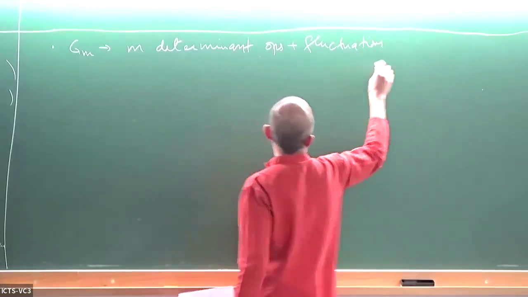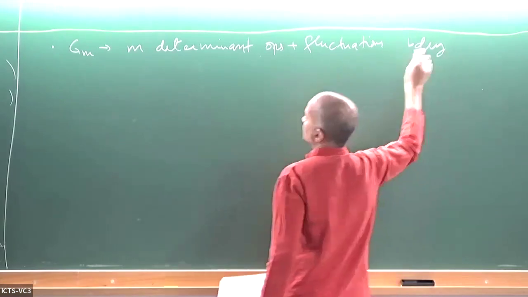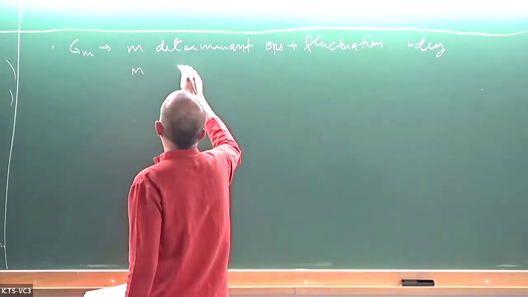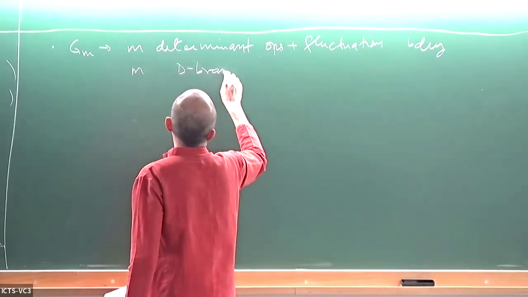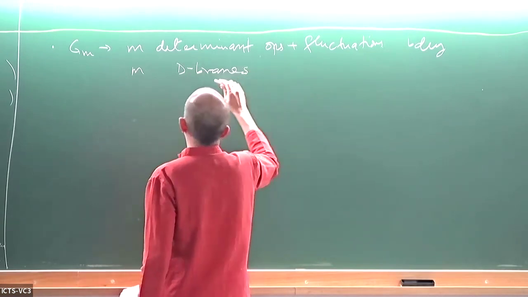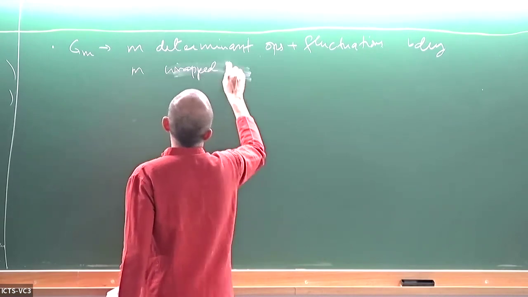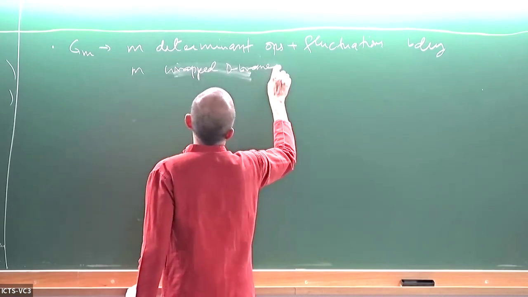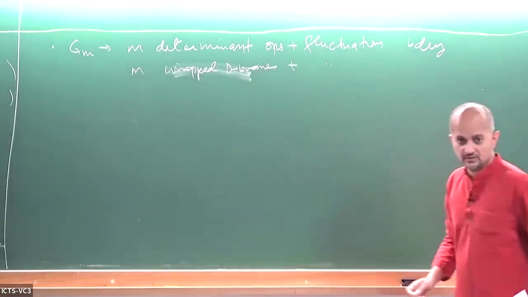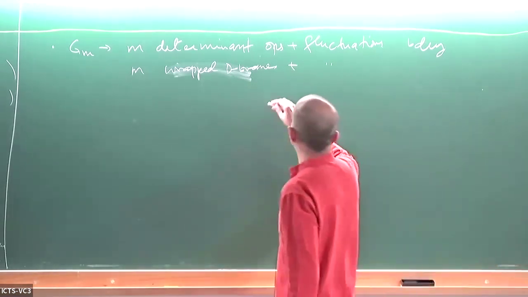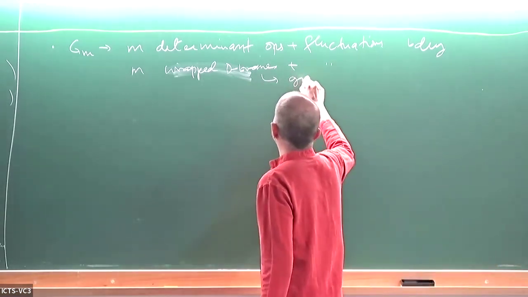That's the boundary. And in the bulk, it's M wrapped D-branes plus fluctuations. And these wrapped D-branes are precisely what are called giant gravitons.